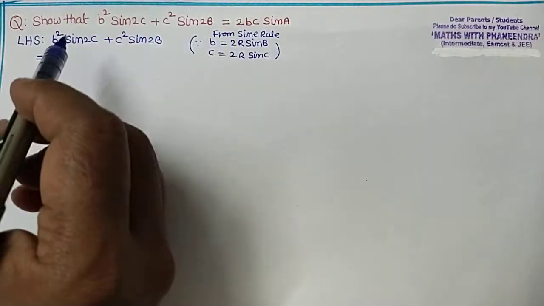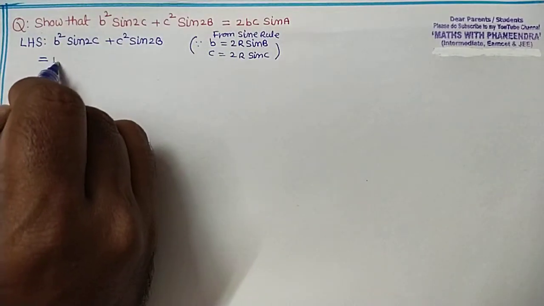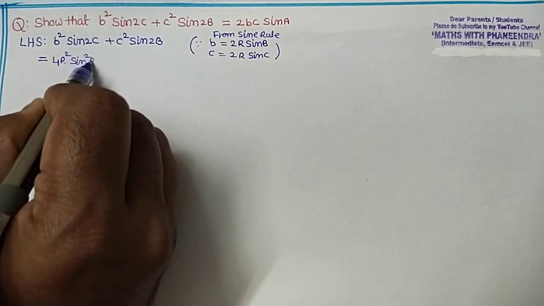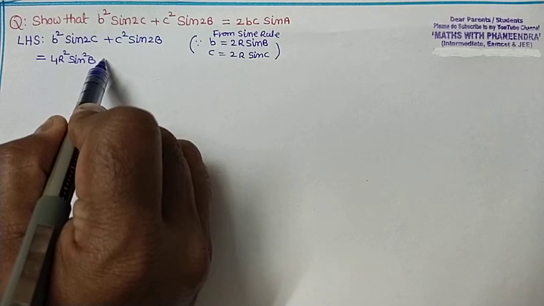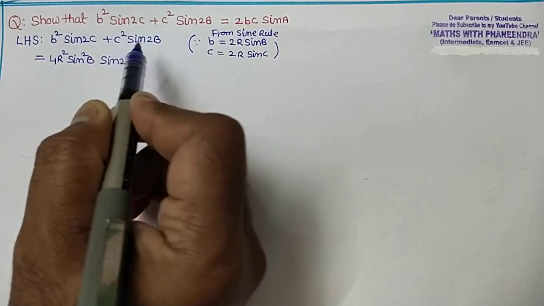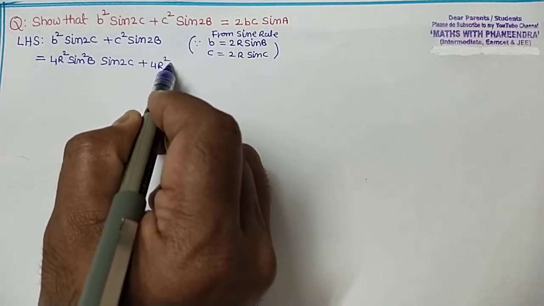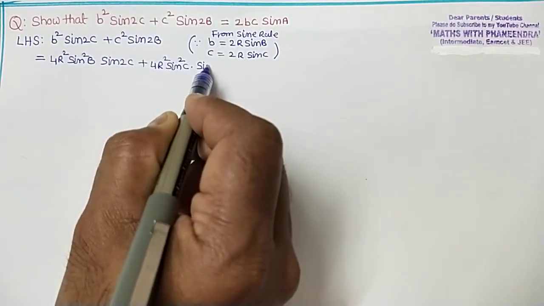So now substitute these values in this. (2R sin B) whole square, directly I am writing here, 4R square sin square B into sin 2C, plus c square, that means (2R sin C) whole square, 4R square sin square C into sin 2B.